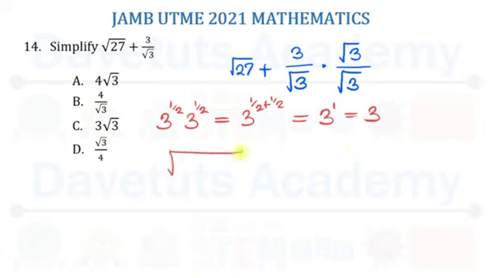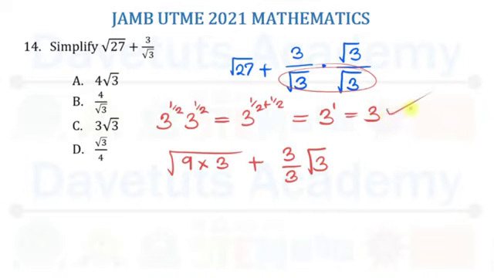Then I will have the root 27, which is itself root 9 times 3, okay, plus, since I'm saying that the denominator is 3, I'm having 3 over 3 multiplied by root 3, because these two already I got to be 3. Okay? So you can see that this 3 will cut out. Root 9 times root 3 is root 9 multiplied by root 3, and root 9, we know that that is 3.